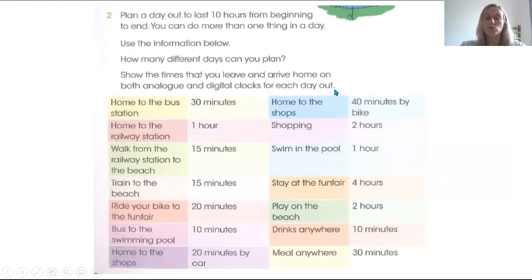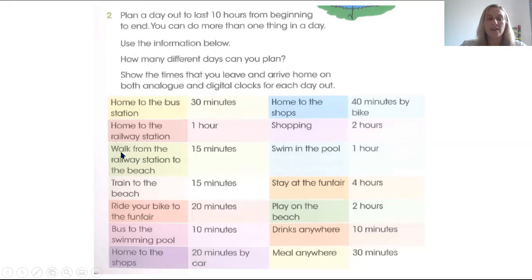Now, I would like you to use these words and keep the same time. If you really want to change one, you can only change the activity, not the minutes, okay? So say I don't think I'm going to walk from the railway station to the beach because the railway station is very far from my house.